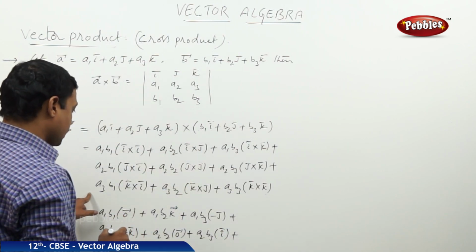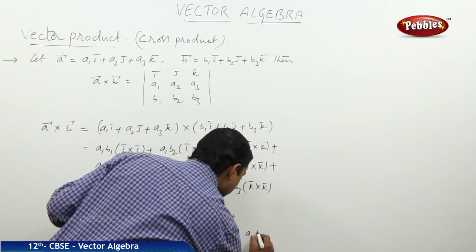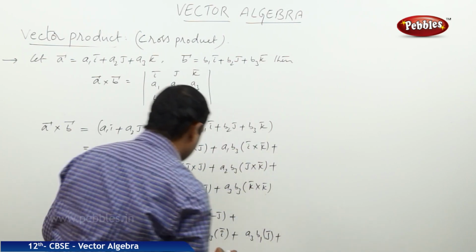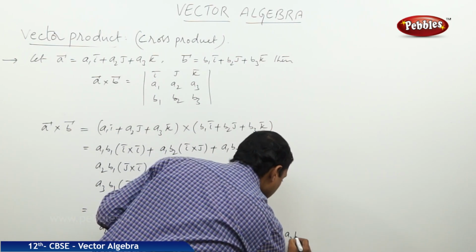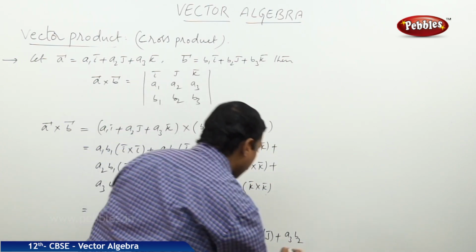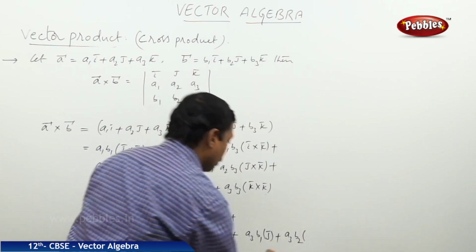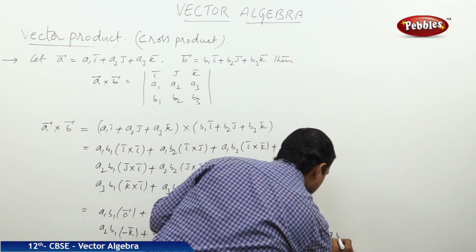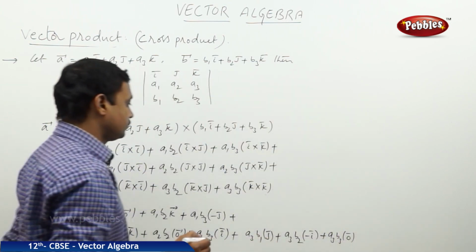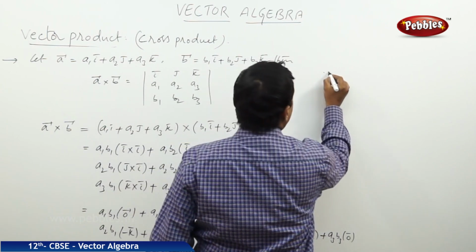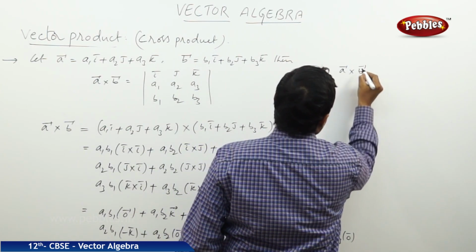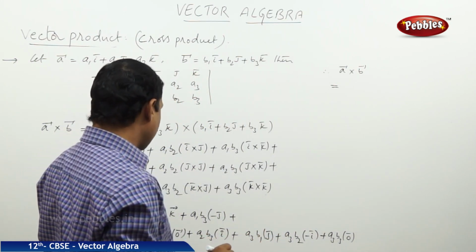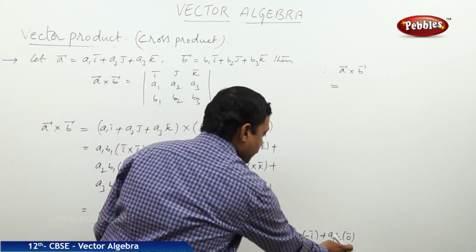Plus A2 B3 into j cross k, which is equal to i vector, plus A3 B1 into k cross i, which is equal to j vector, plus A3 B2 into k cross j, which is equal to minus i vector, plus A3 B3 into 0 bar. Now on simplification, finally we have A bar cross B bar equal to: this is a null vector, and this one is also a null vector.